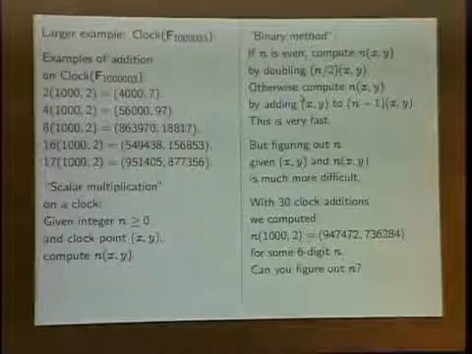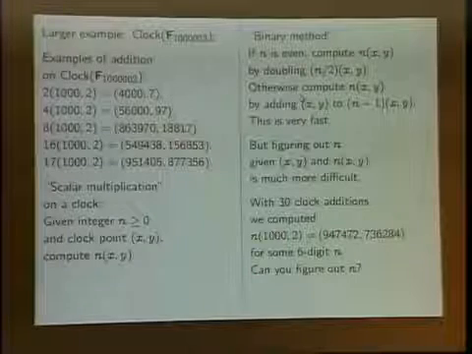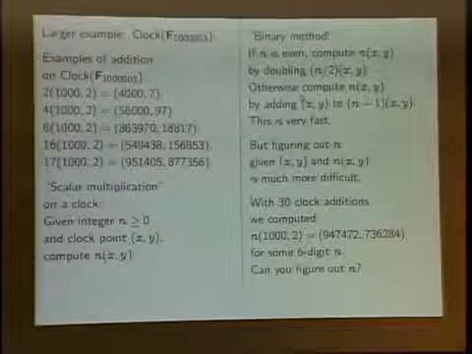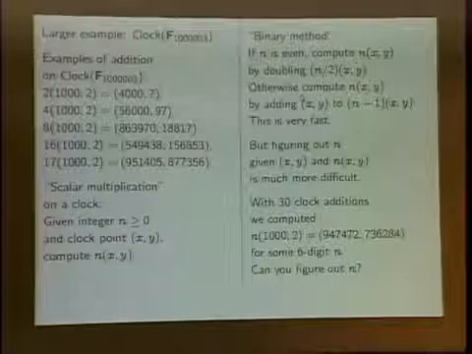If you're given a curve point p, and you're given an integer n, you want to compute n times p, you can do that really fast. But what's really hard is, suppose you're given a curve point p, like an x comma y, like this 1,000, 2, and you're given the result of doing this scalar multiplication. If somebody tells you that 951,405 and the 877,356, would you have guessed that that's 17 times the original point?